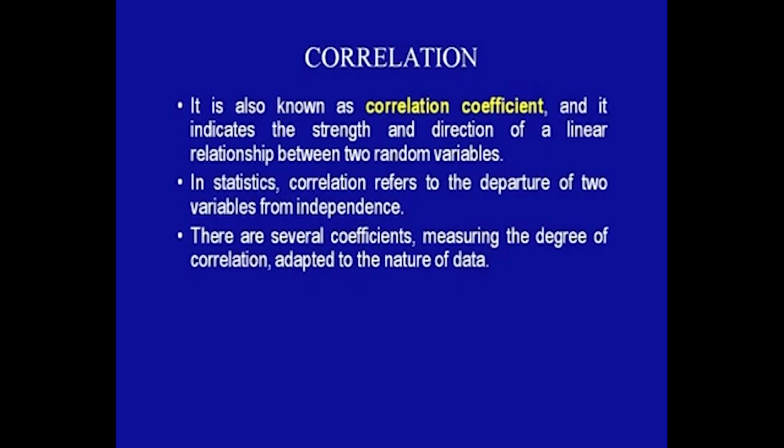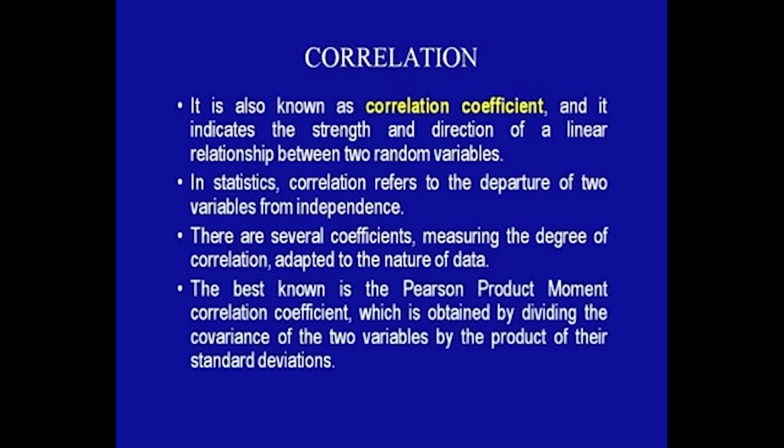There are several coefficients measuring the degree of correlation adapted to the nature of data. The best known is the Pearson product moment correlation coefficient, which is obtained by dividing the covariance of the two variables by the product of their standard deviation.